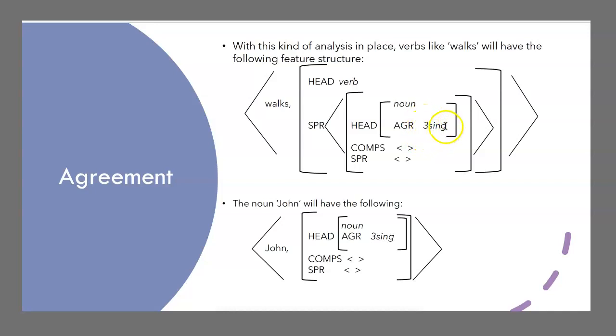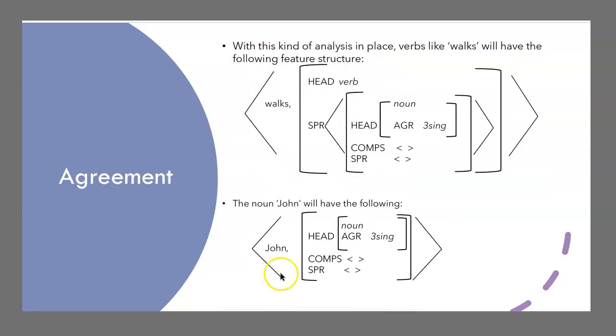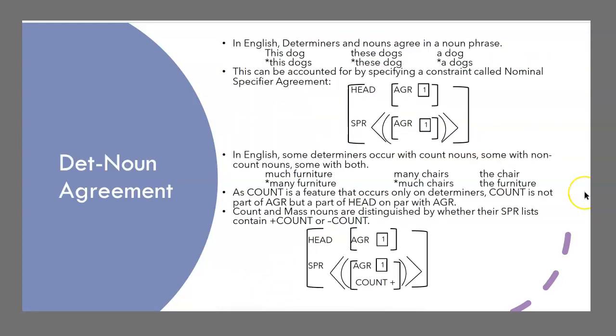It has to match only with the third singular. Whatever is third singular, it matches. So the gender feature is underspecified here. That's why the word walks can occur with either he, she, it, or John, or Mary, or the cat.